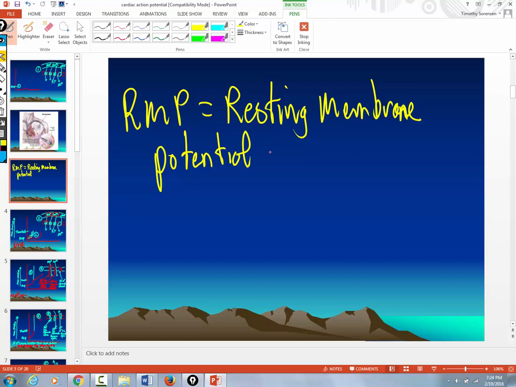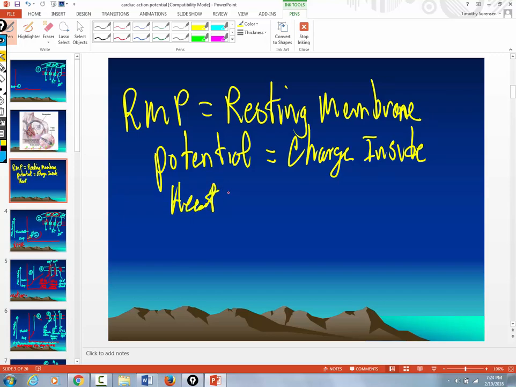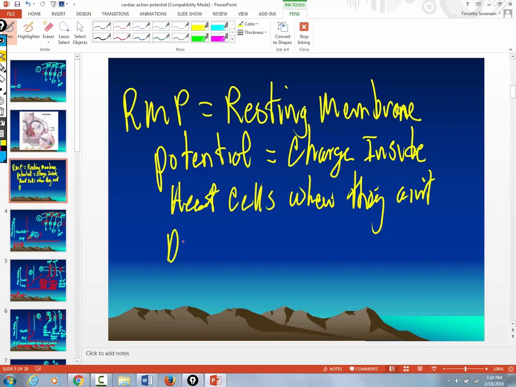Resting membrane potential equals the charge inside heart cells when they ain't doing nothing.